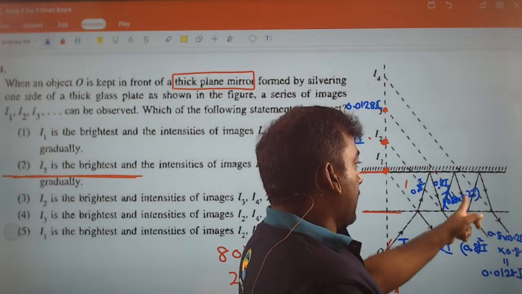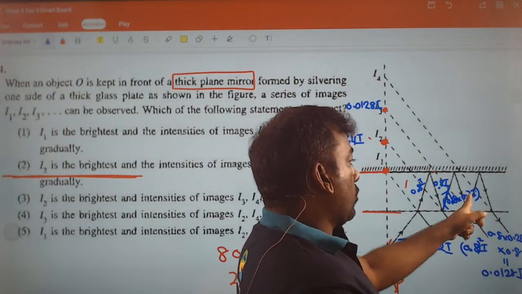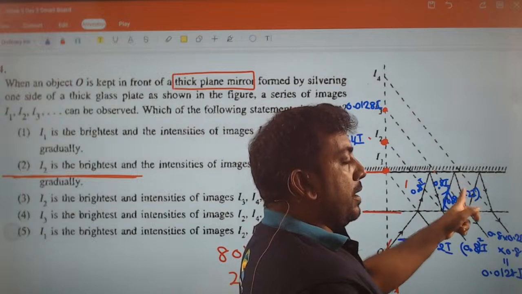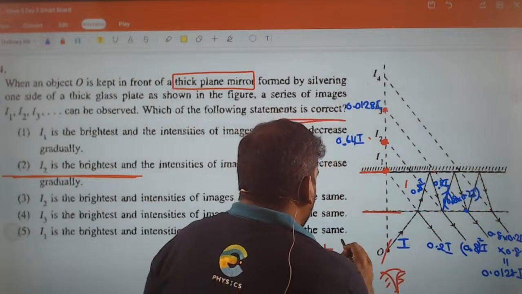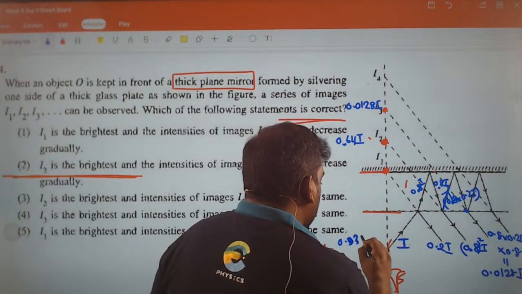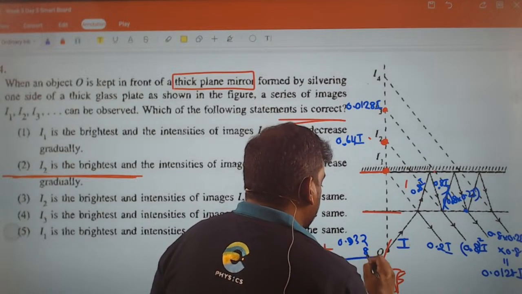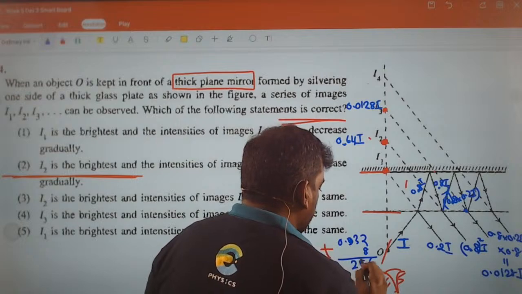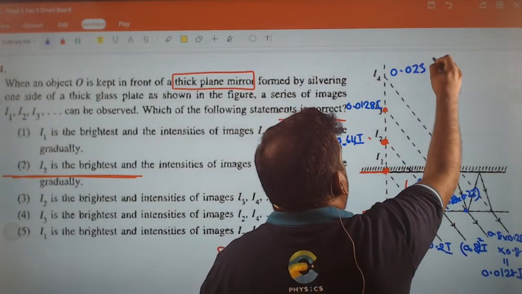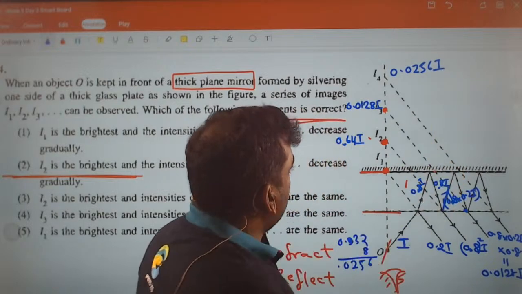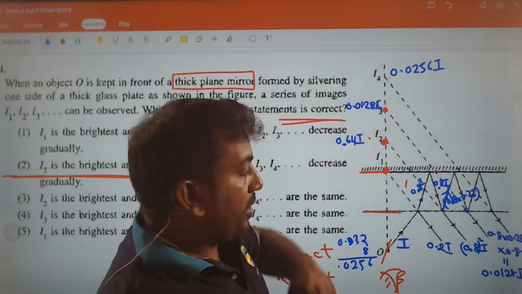So whatever is coming here, 0.2 times 0.16 is 0.032, and 80% of that is 0.0256 I. So you can see intensity of light will keep on reducing.